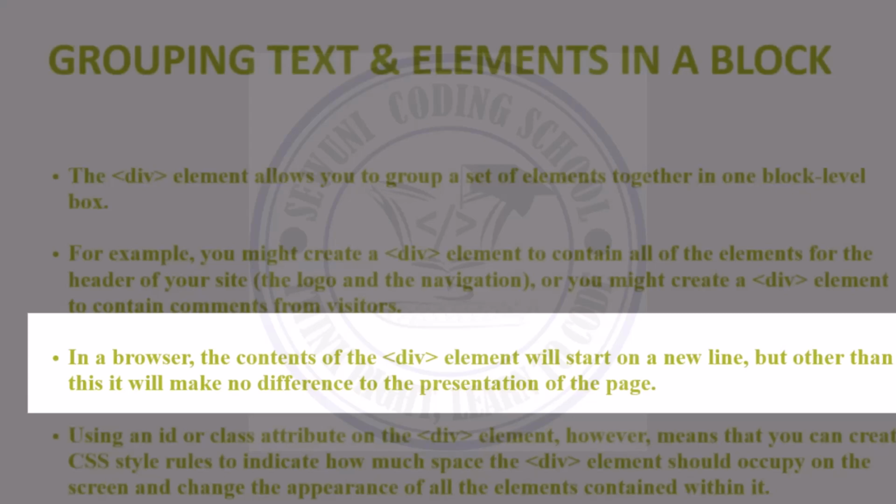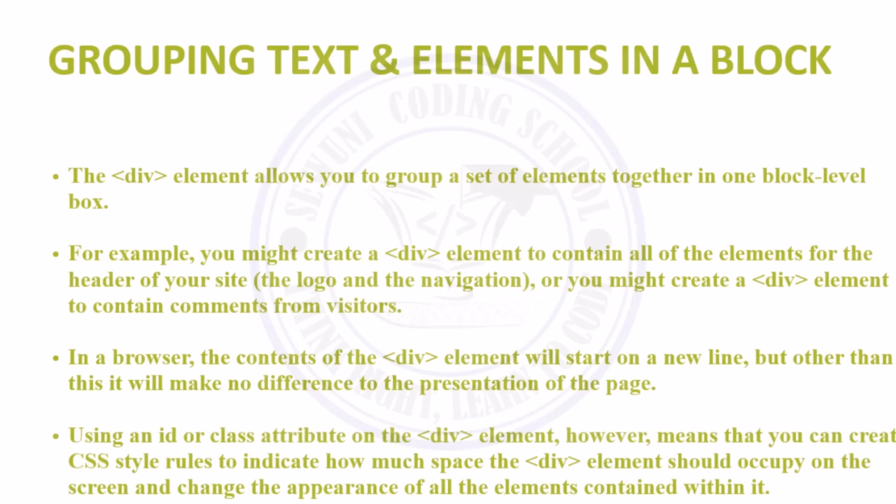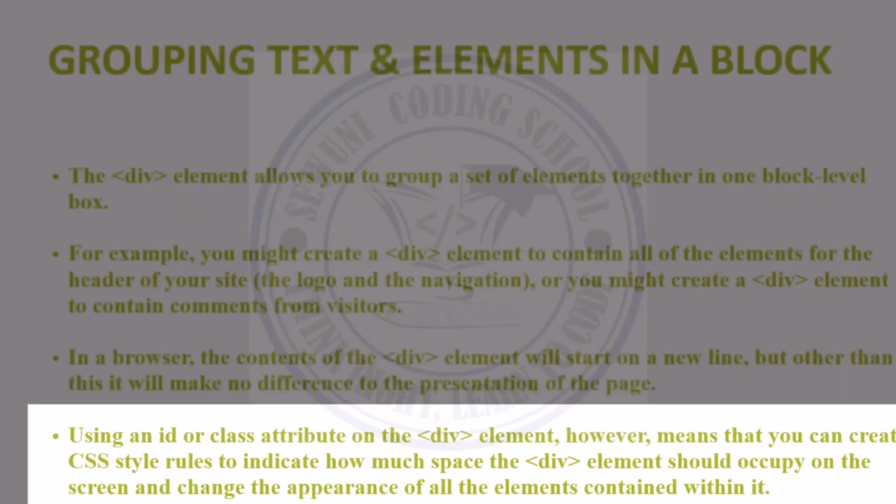You can also give a div element an attribute of id or class. When you do this, you can also create CSS style rules to indicate how much space a div box should occupy on the screen, and change the appearance of all the elements contained within it.